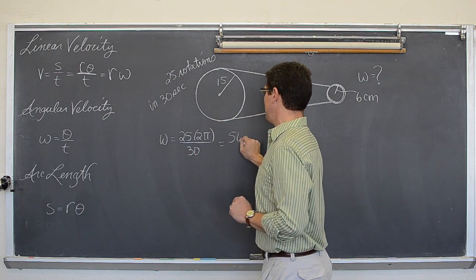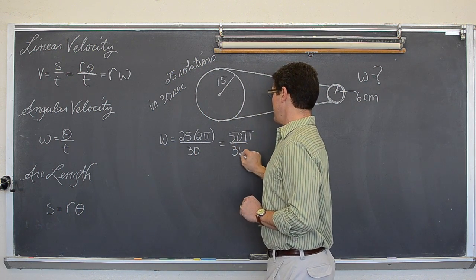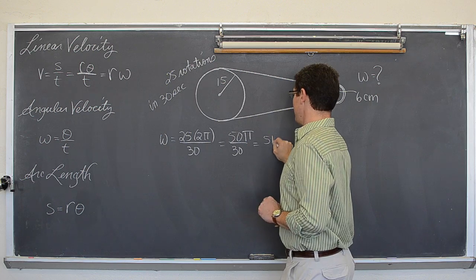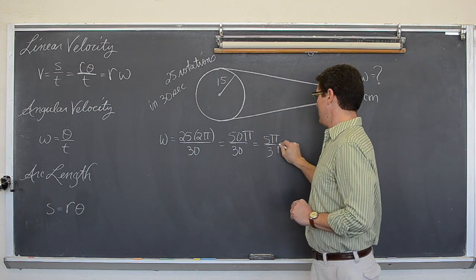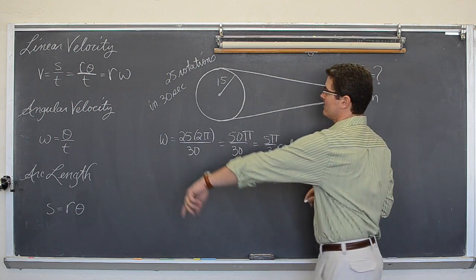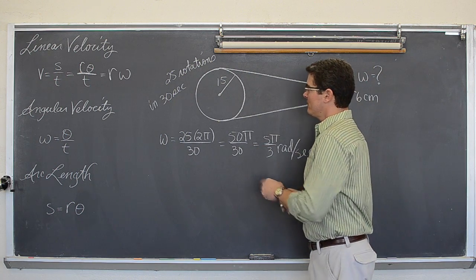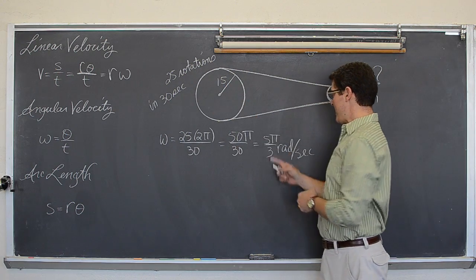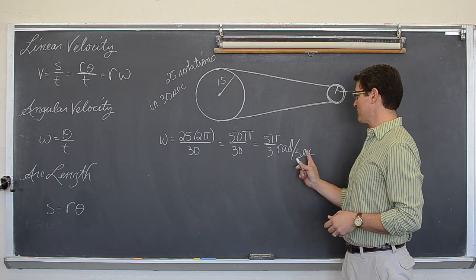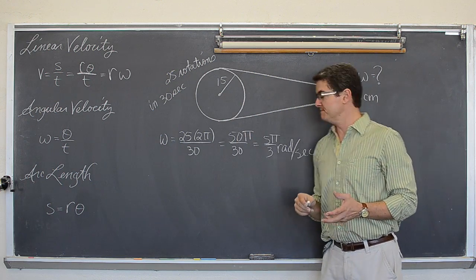That's 50 pi over 30, or 5 pi over 3 radians per second. So this thing's turning at 5 pi over 3 radians per second.